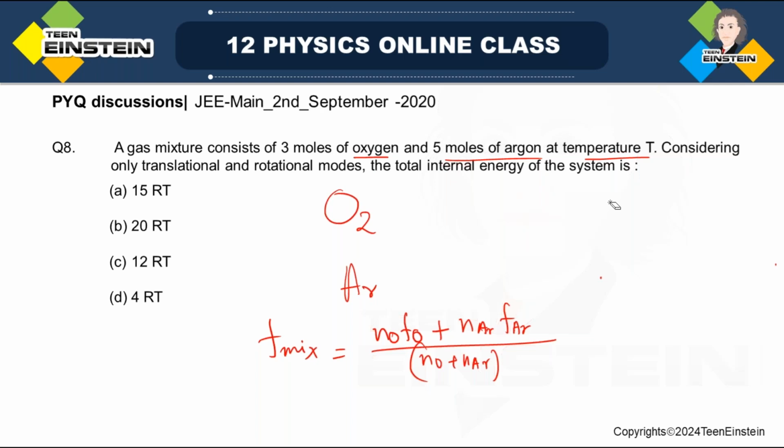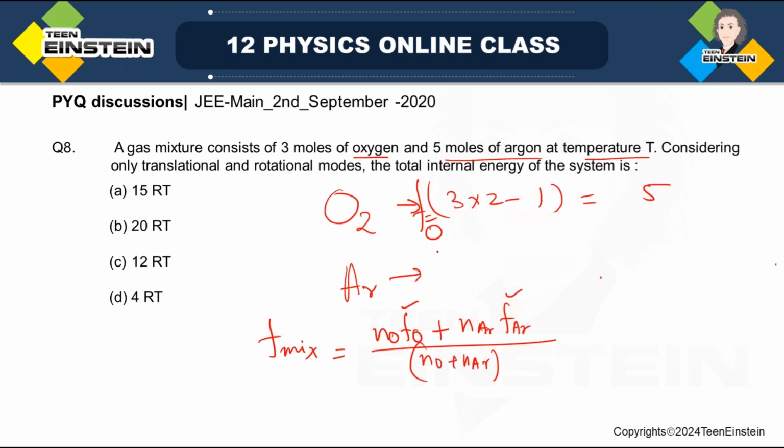To find the degrees of freedom of the mixture, you need to find the individual degrees of freedom of the individual gases. Since oxygen is diatomic, you can find it as 3 into 2 minus 1. So the degrees of freedom is 5, and this is for oxygen.